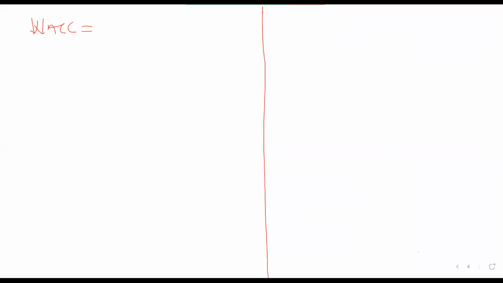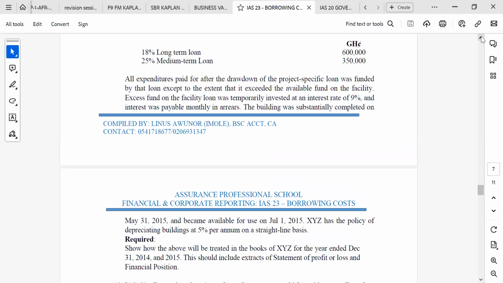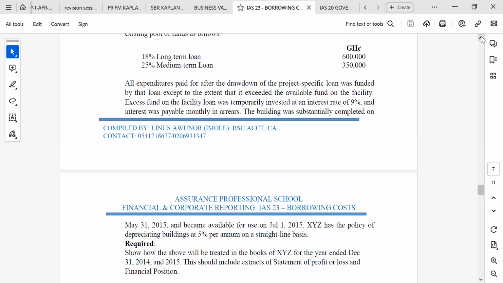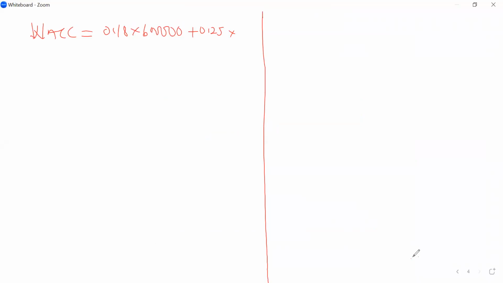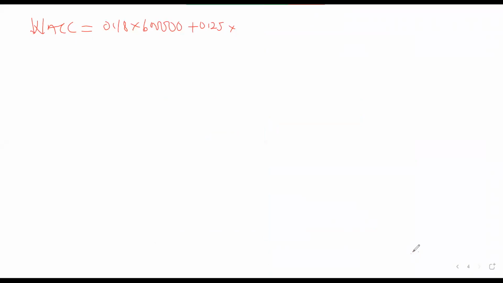So the existing borrowing will be 18% multiplied by this amount, so 0.18 times 600,000, plus 0.25 times 350,000.